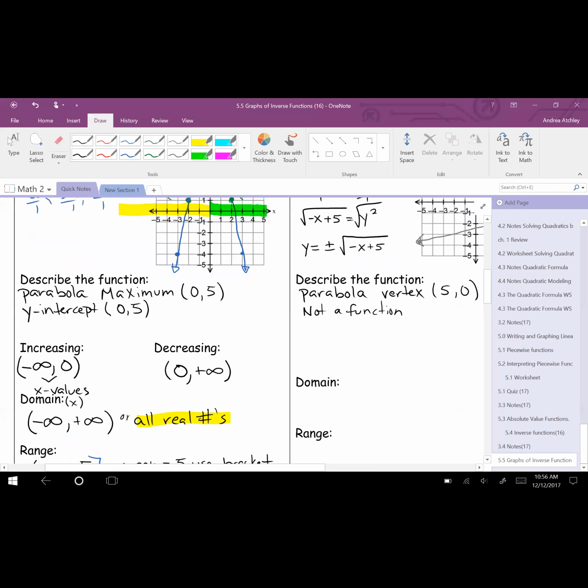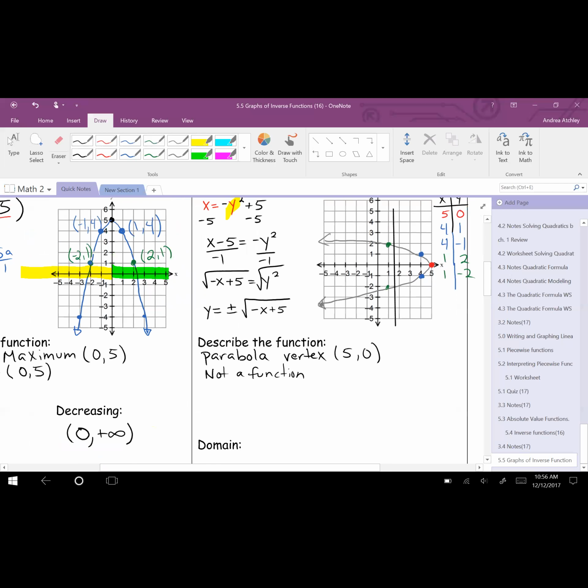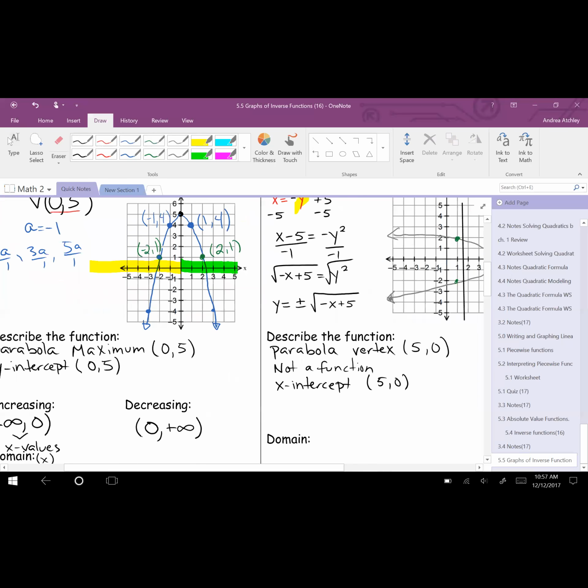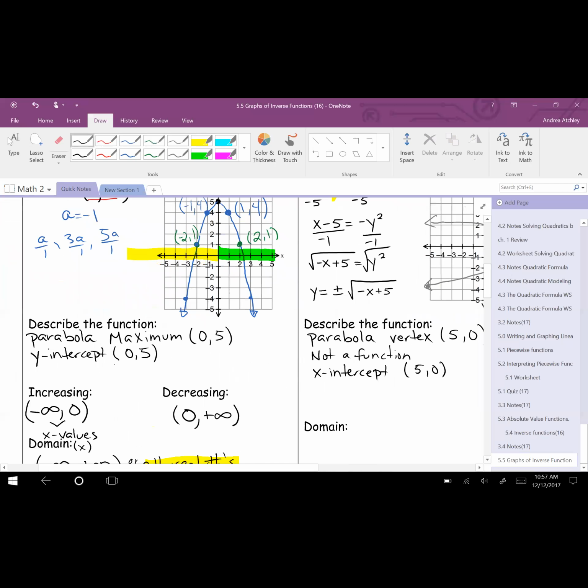Okay. Do we have a y-intercept here? I can't really tell what the y-intercepts are, but I can see that the x-intercept is now 5, 0. The x-intercept now is at 5. And over here, the y-intercept was at 5. Any questions?